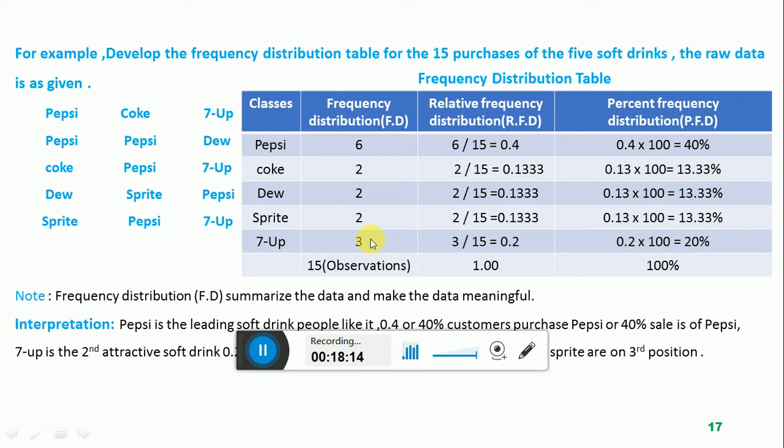So with the help of a frequency distribution table, a statistician can summarize and analyze the data. We can say about the percentage sale of each company, each class, relative to the other classes using this frequency distribution table.